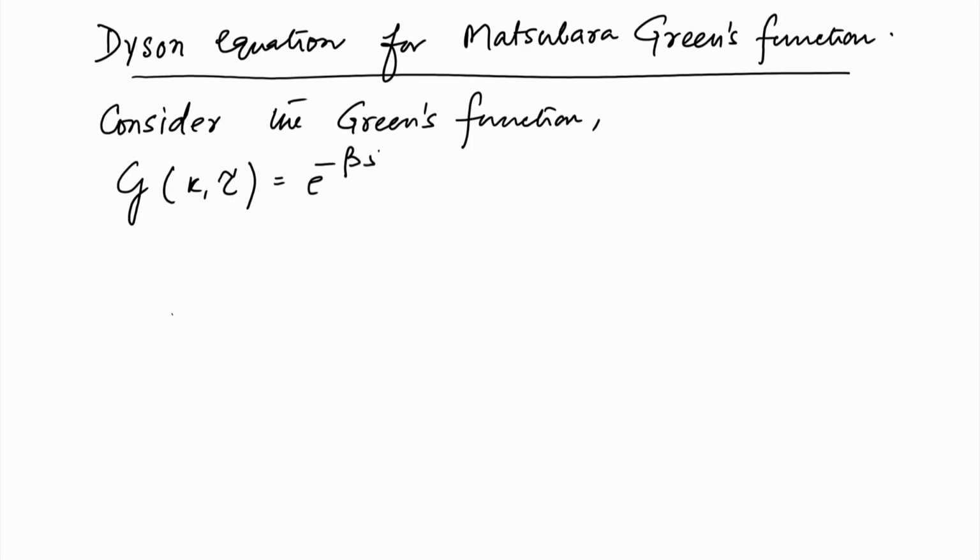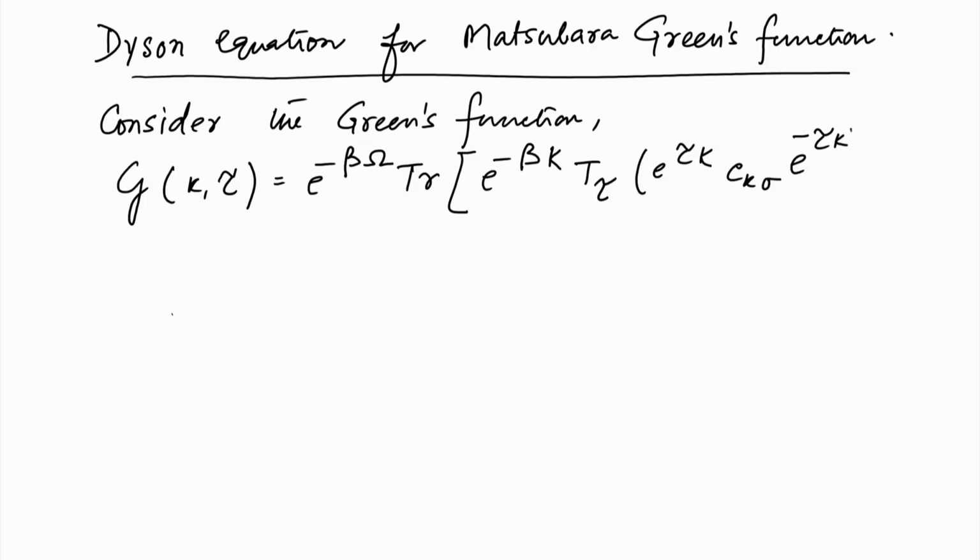It is minus e to the beta omega, and then there is a trace of exponential minus beta K, exponential tau K, c k sigma, exponential minus tau K, c k sigma dagger, and that is the expression for the Matsubara Green's function. Just to remind you that we are writing it with a calligraphic G.